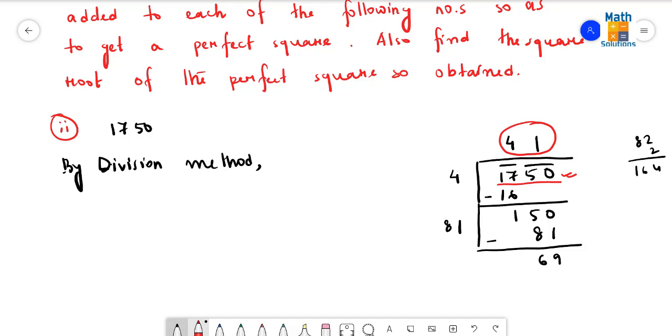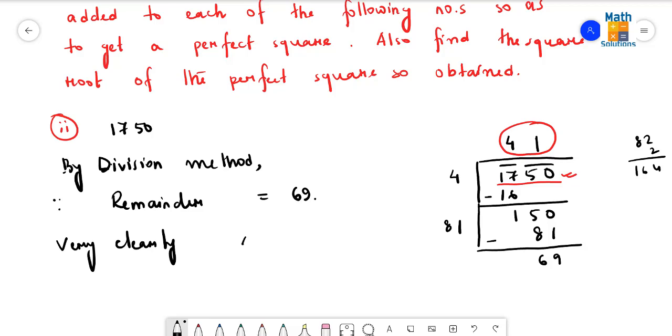So let us check here. Since the remainder is equal to 69, very clearly 41 square is less than 1750.